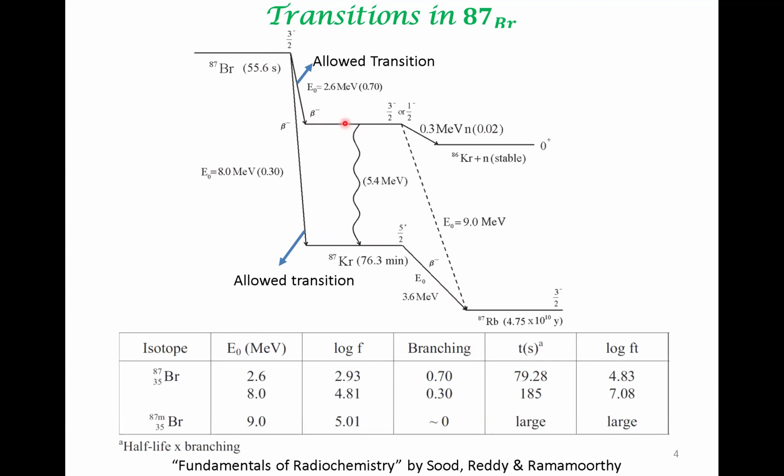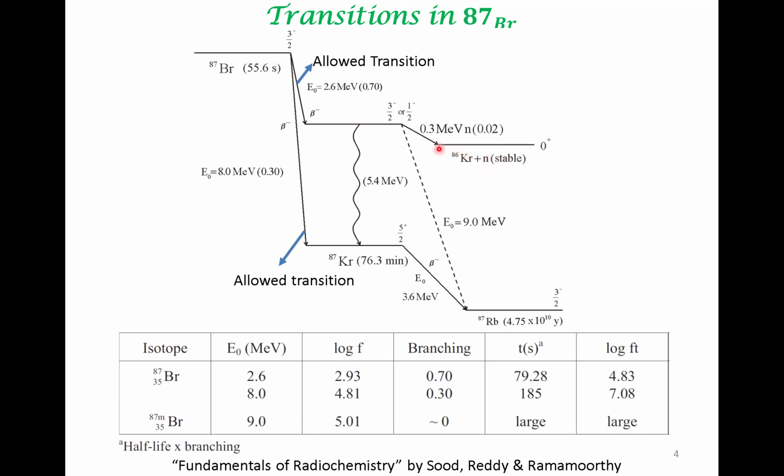Once the nucleus is in this state, it can get de-excited by three modes. One is it can emit a gamma photon and get into this state, or here it can even emit a neutron. This is more interesting. So therefore, the atomic number does not change, but the atomic weight decreases.